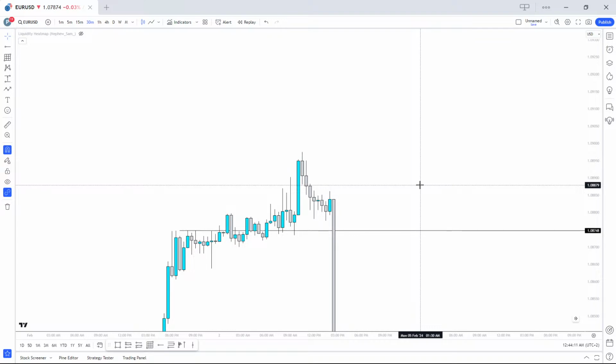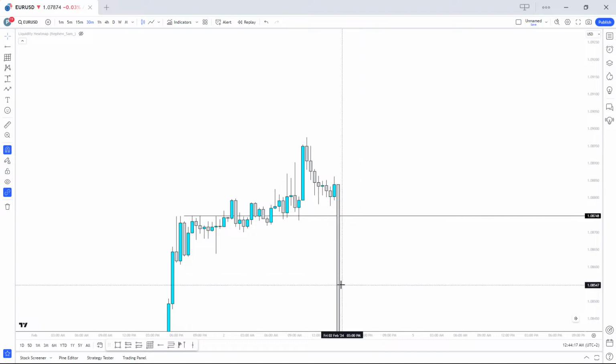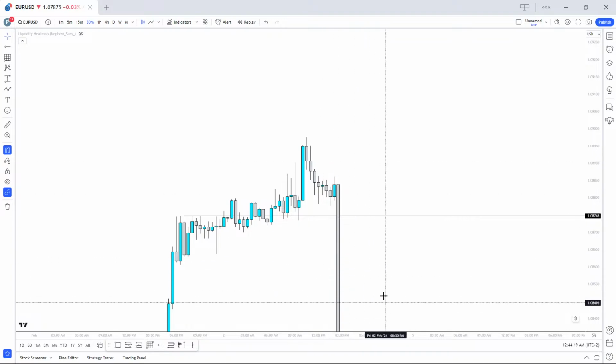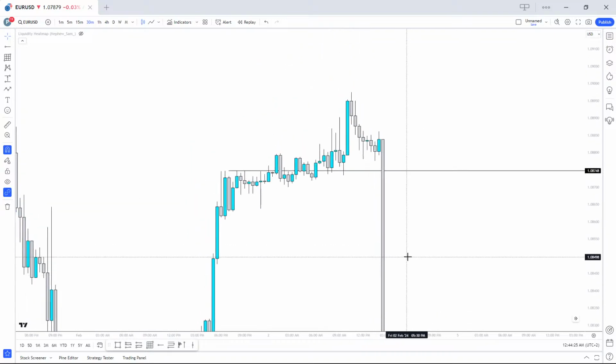I'm so confused. I'm very annoyed by this spike, because this is the news. What is this, Friday 2nd February? Yeah, this was probably the NFP. No.